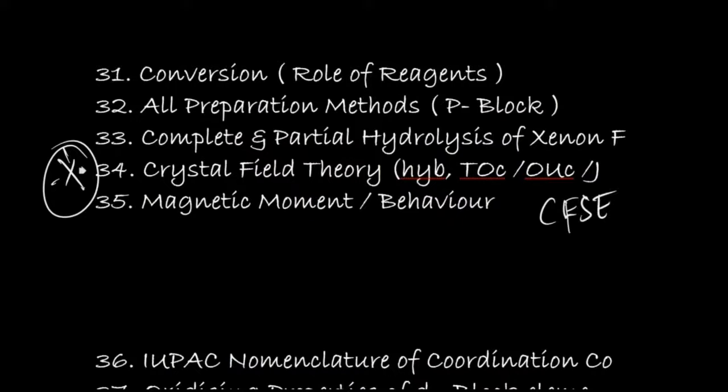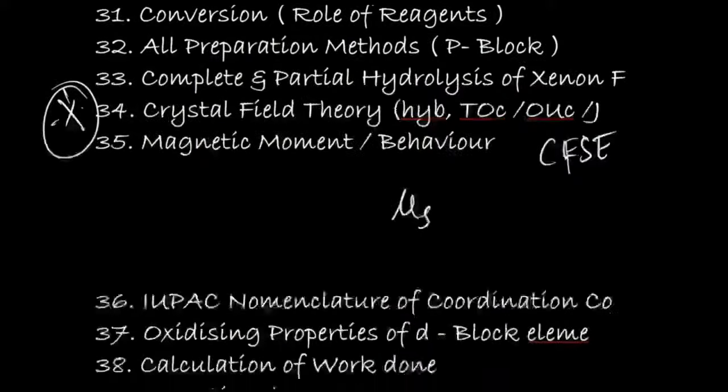Okay, inner octahedral, outer octahedral, or asking for the magnetic behavior, and giving you the, I already told you, right, the number of unpaired electrons, which is very much equal to the mu spin value. Okay, not exactly, but by seeing the unpaired electrons, you can find it out. You need not calculate it each and every time. Okay, so that related problems you can expect.